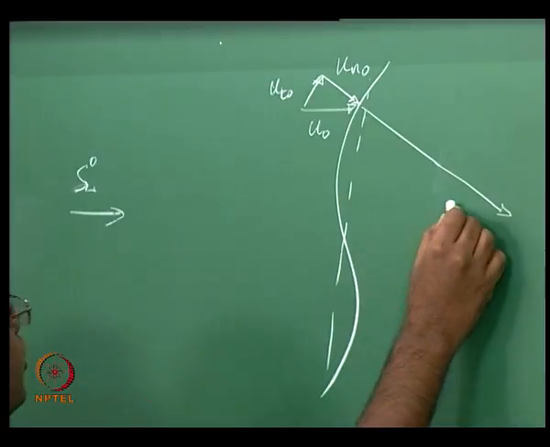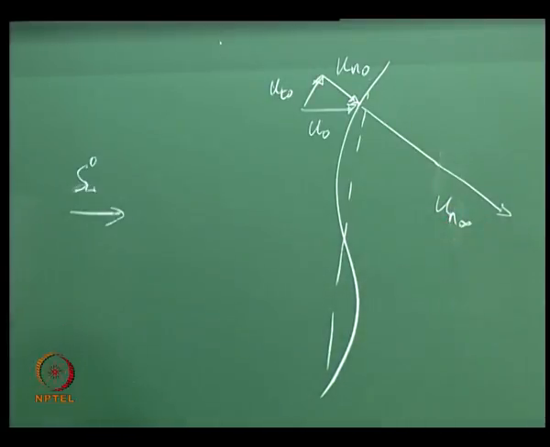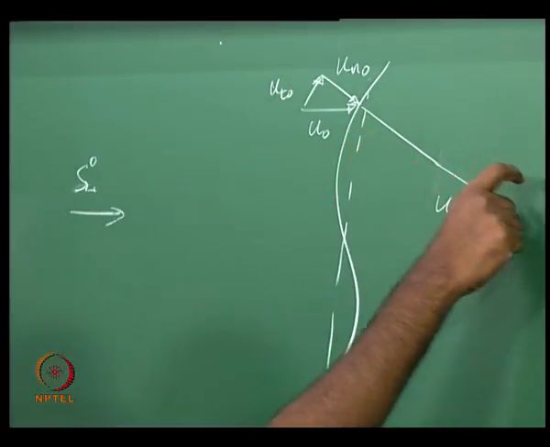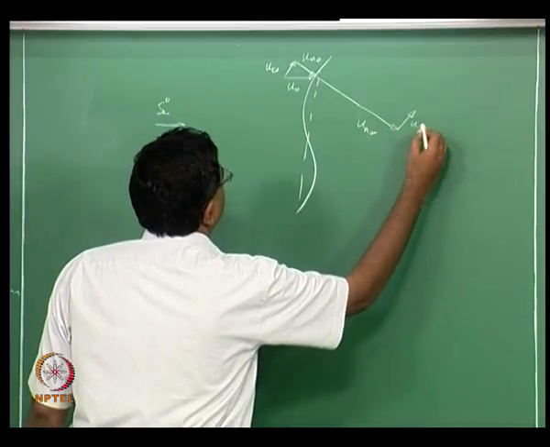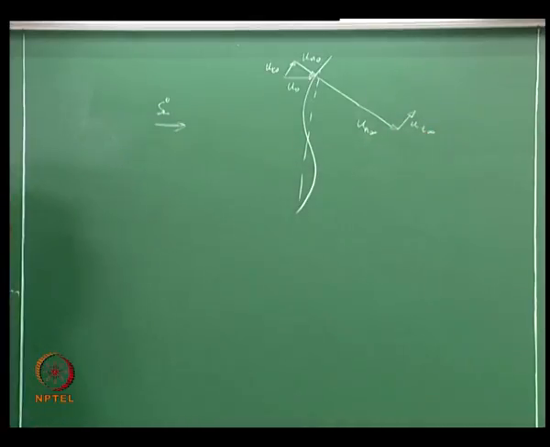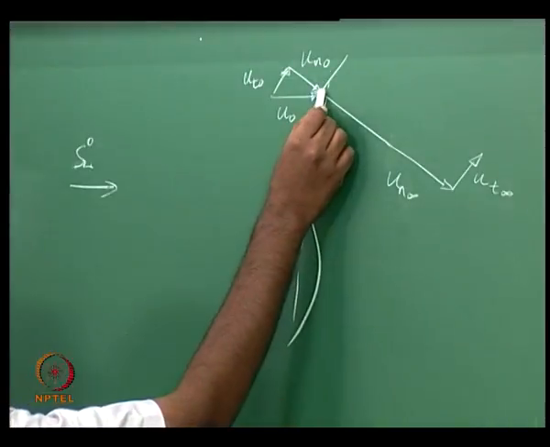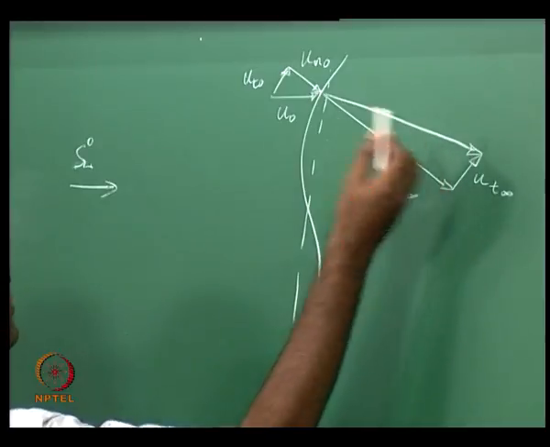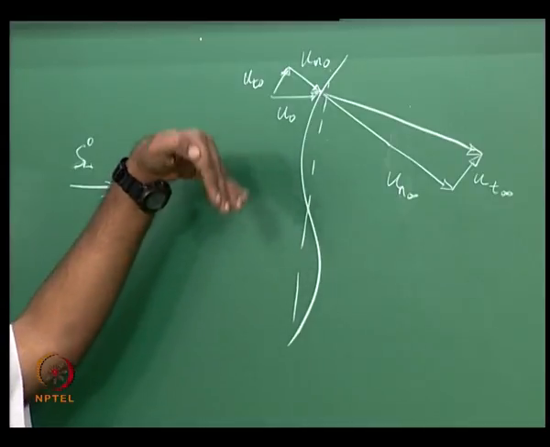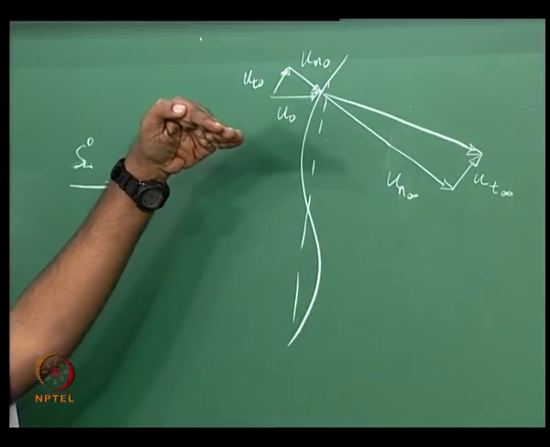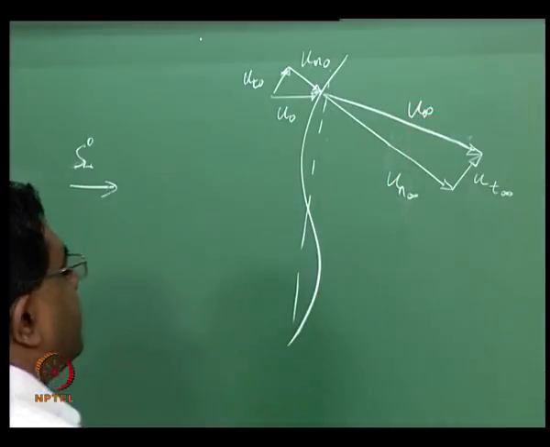This should actually be your Un infinity, and the Ut naught gets preserved as such when you want to locate your Ut infinity, because that doesn't suffer any expansion. And then what happens to the resultant? The resultant now obviously gets tilted more towards the normal of the flame. So this is basically then your U infinity.